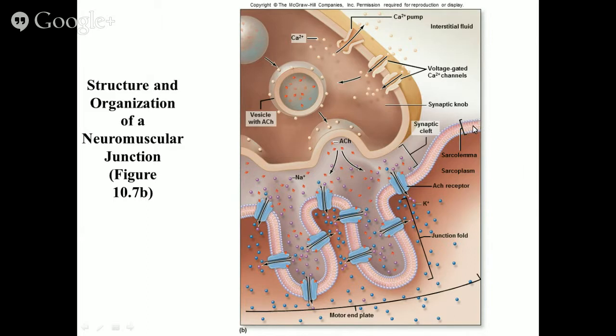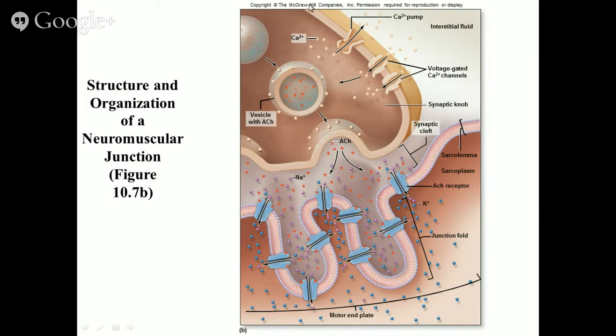And then here is the cell membrane of the muscle cell. We still have the same problem. There's a space here. And if electrical current comes down the surface of this motor neuron, that electrical current is not going to be able to cross this space and innervate the sarcolemma, which is the cell membrane of the muscle cell or muscle fiber.